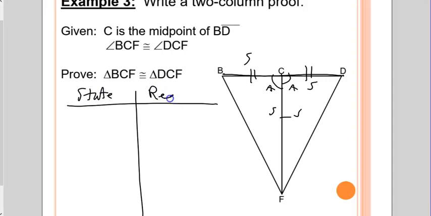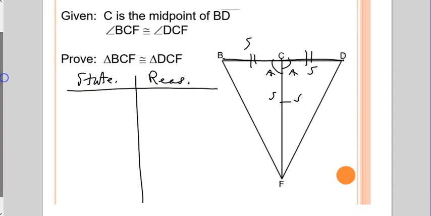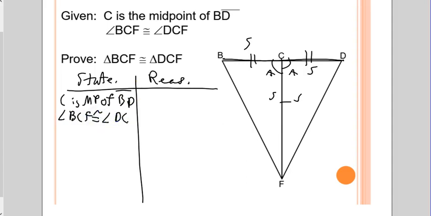Statement, reason. All right? So, again, repeat. C is midpoint of BD. Angle BCF is congruent to angle DCF, and both of those were given to us. We added one piece of information.